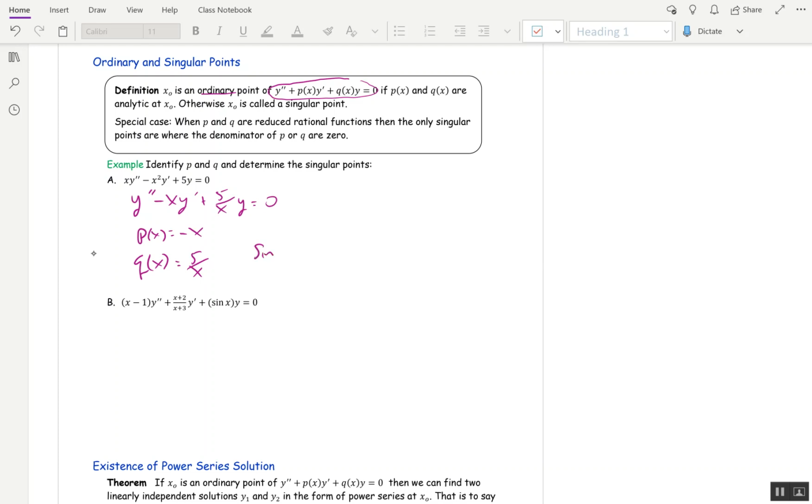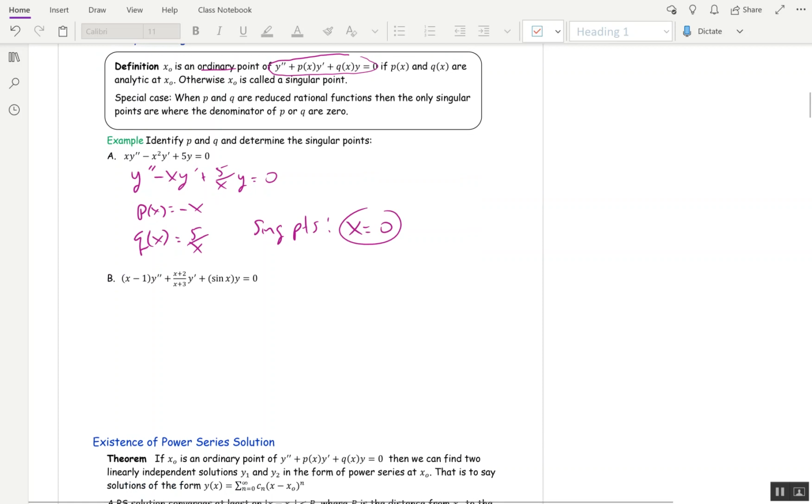So my singular points are going to be the values of x where either P is undefined or Q is undefined or both. So P is fine, but Q, I see there's going to be a problem when x is 0, so I have a singular point, and that's at x equals 0.